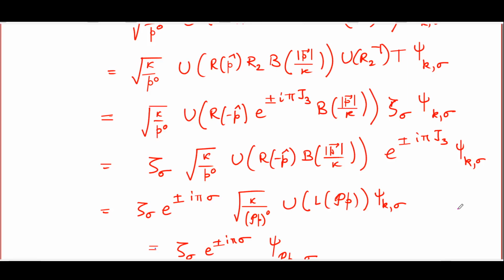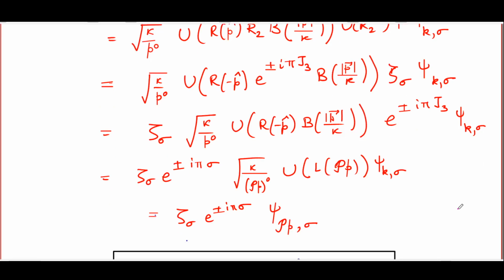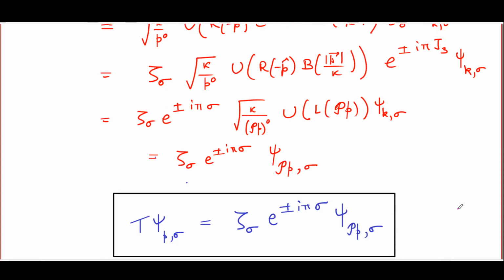So putting all this together, what we see is the following. The effect of time reversal acting on psi p sigma is to produce a state psi with a 4 momentum which is actually the parity reversed 4 momentum. So the upshot of all this is time reversal acting on psi p comma sigma actually gives rise to a state psi with a 4 momentum curly p comma sigma and J3 eigenvalue plus sigma.